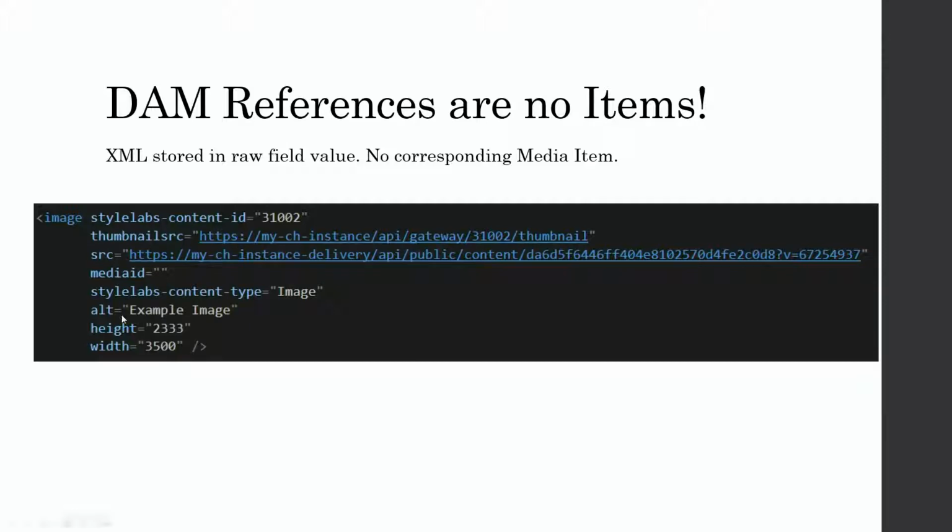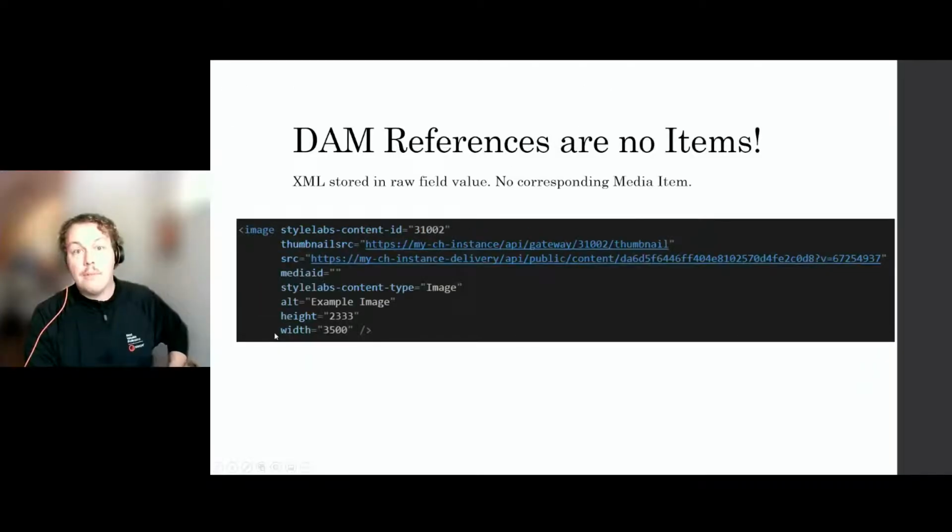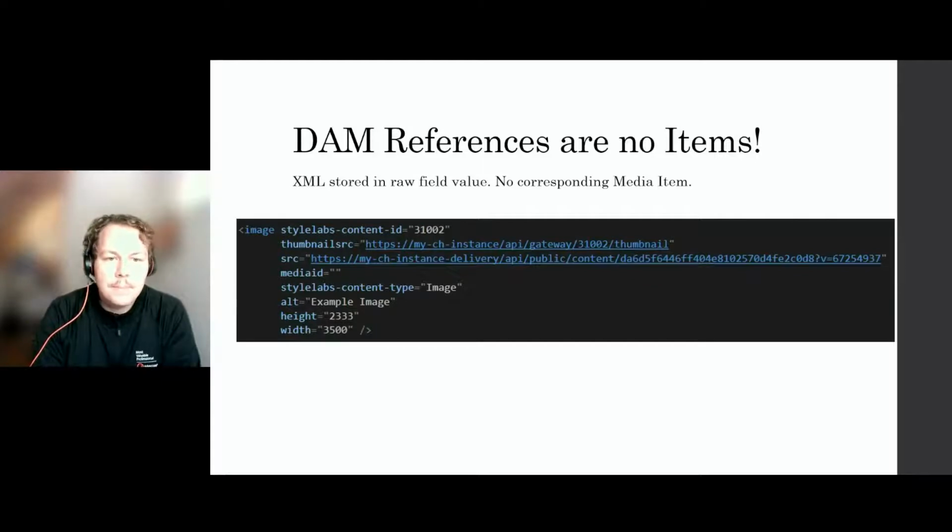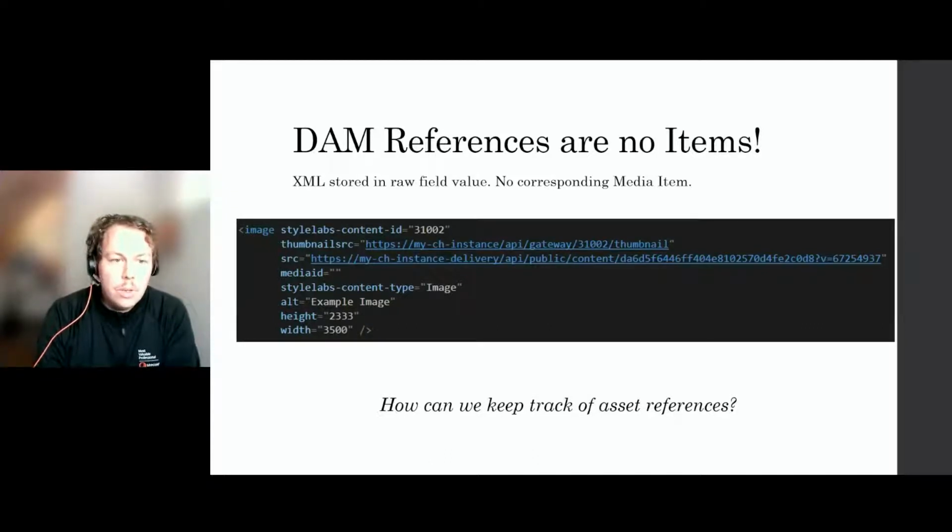I believe this is mapped to the title field, and a height and a width. So that's all that we have from the connector. So how can we keep track of these references? We don't have the link database. How can I know which of my items reference a specific DAM asset?